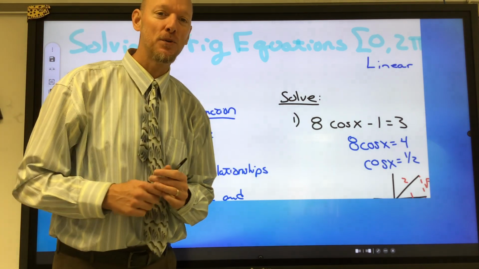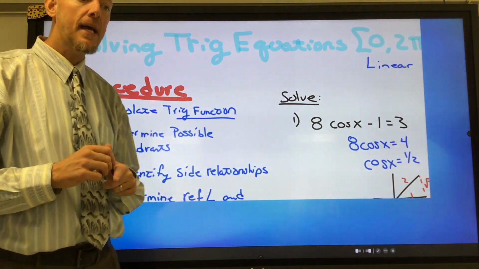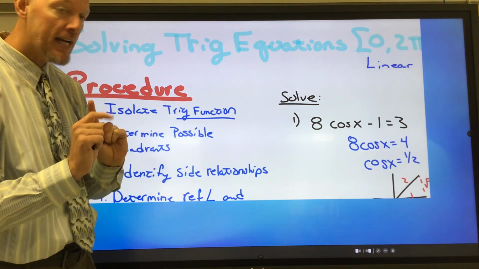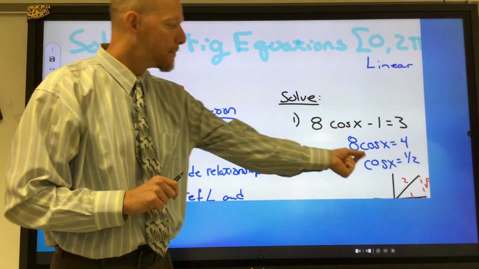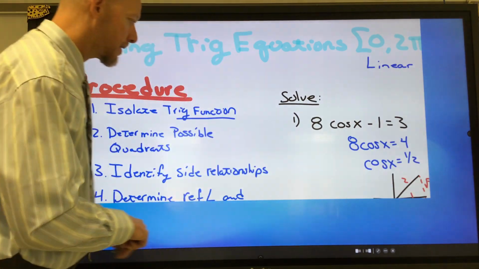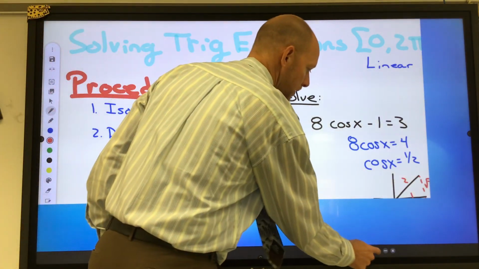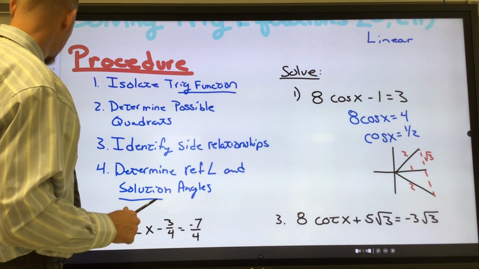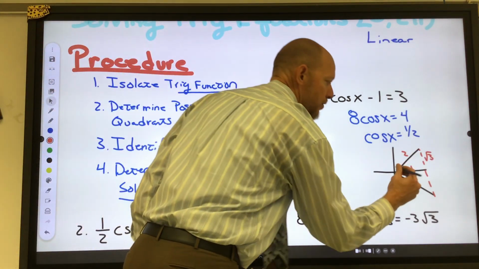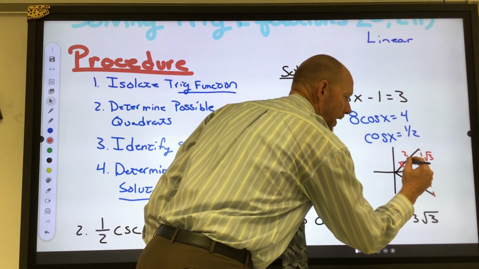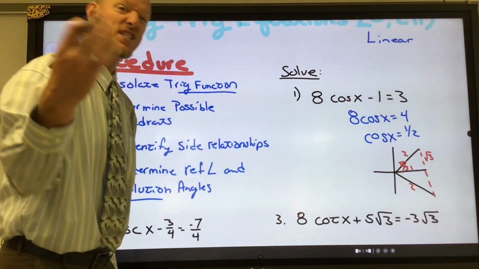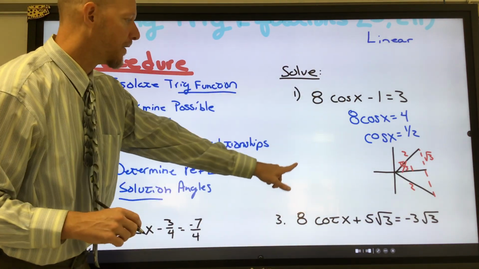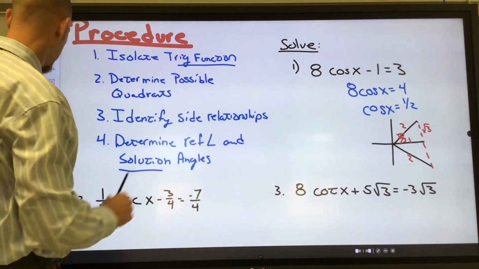Whenever I'm talking about a 30, 60, 90 special right triangle, I can identify what my reference angle is based off of what side is opposite. And so now I know that opposite the square root of 3 is going to be pi over 3, or our 60-degree angle. So then this is going to tell us that we have our reference angles.